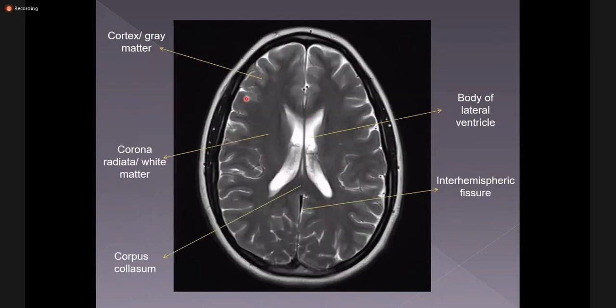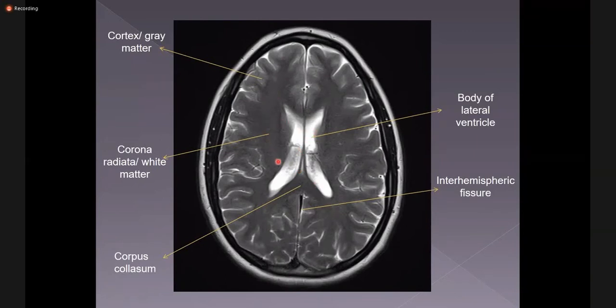At a higher level, these are the frontal lobe, this is the parietal lobe, and there is the interhemispheric fissure. Anteriorly is the genu of the corpus callosum, posteriorly is the splenium of the corpus callosum. And these are the bodies of the lateral ventricles.